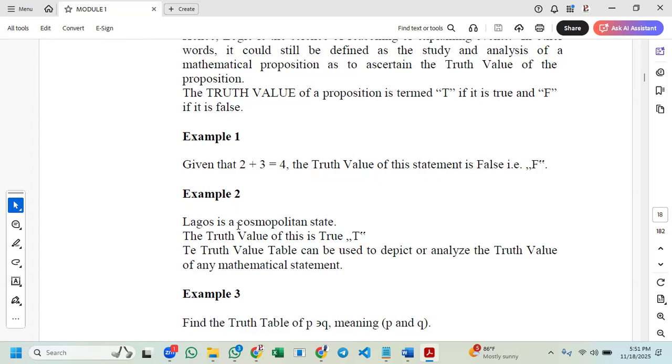For instance, Lagos is a cosmopolitan state. That is true. Do you know the meaning of cosmopolitan? No. They say that a place is cosmopolitan. You don't know the meaning? I don't know. If I check. All right.